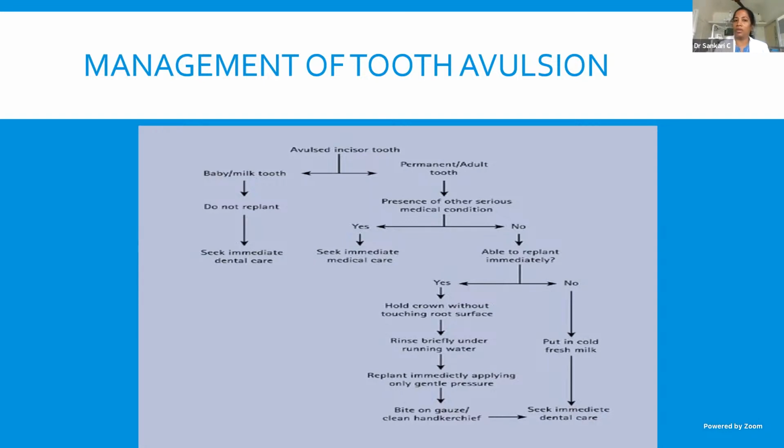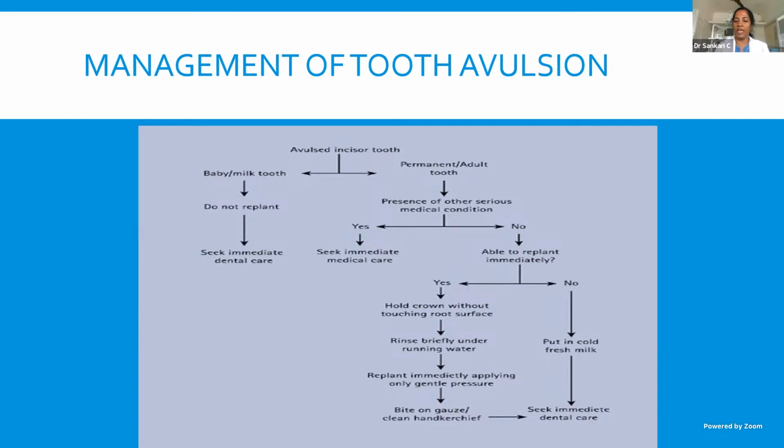And one more thing, there are two options. You can do root canal treatment before implantation of the tooth or also after 10 days follow-up. But my suggestion is to do the root canal treatment before inserting into the socket, because after 10 days if you are going to disturb the tooth again, there will be a little bit of mobility and maybe it takes some more time to heal.